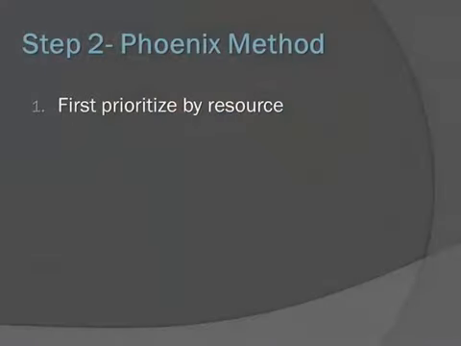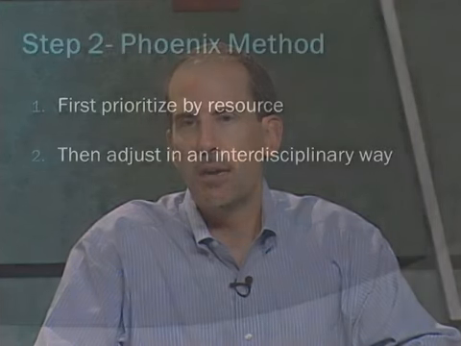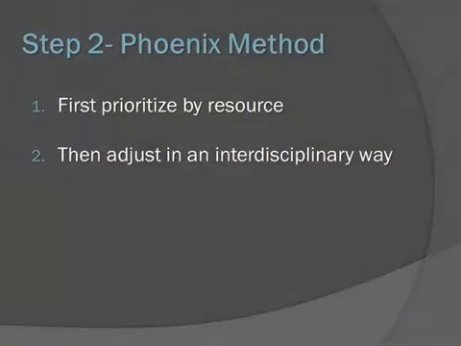Well, in our case for the Hacienda Field Office in Phoenix, we started out first tackling it by resource. So each resource specialist came together with their program of work and their priorities. Then we approached it in an interdisciplinary way, and simply through that process, priorities changed.